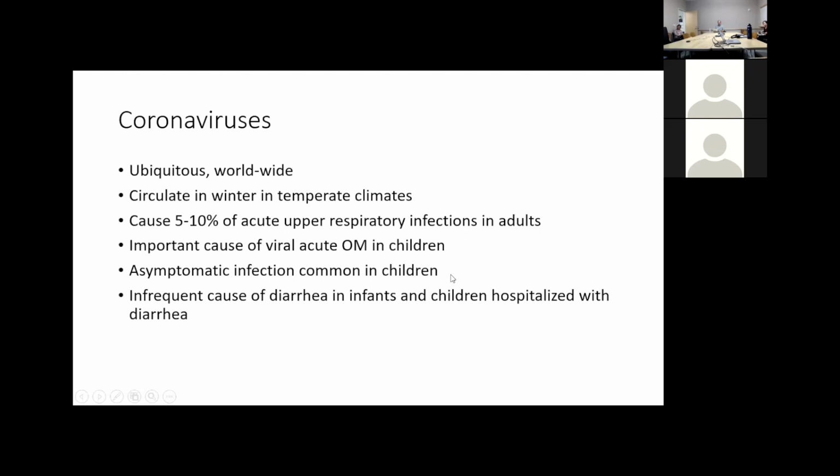And children seem to be relatively asymptomatic and have mild forms of coronavirus infection in general compared to adults. And occasionally it can cause diarrhea in infants, and it's been noted in children who are hospitalized with diarrhea, but it's primarily a respiratory virus.